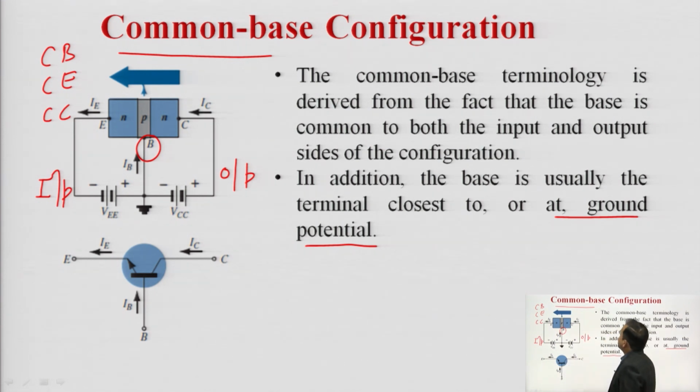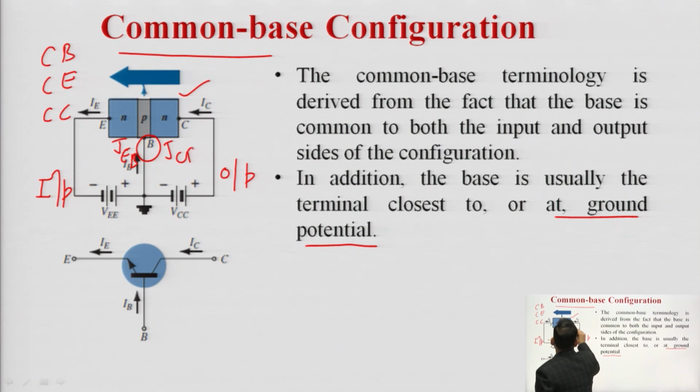So the first, common base configuration, here we can say that it is NPN. So the emitter base junction is this one, and this is the collector base junction. The emitter base junction is forward bias, meaning the positive of the battery is connected to the P side, whereas the negative of the battery is connected to the N side.